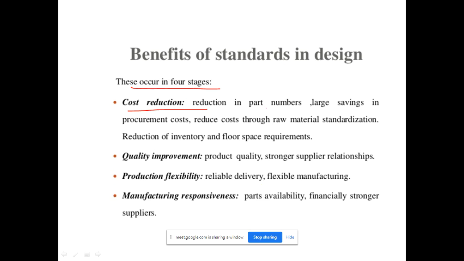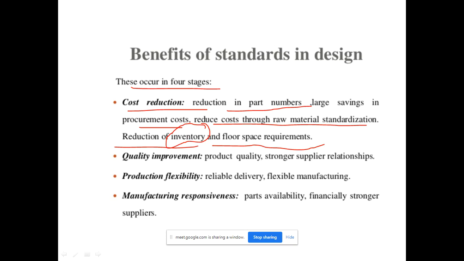Cost reduction means reduction in part number, large saving in procurement cost, reduced cost through raw material standardization, reduction of inventory, and floor space requirement. Now this term inventory, as you are in the diploma, perhaps you do not have any idea about, but inventory is a very important item in the factories or in the industries.